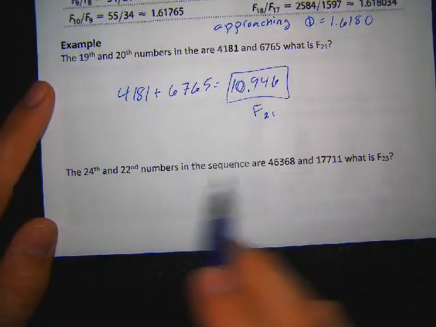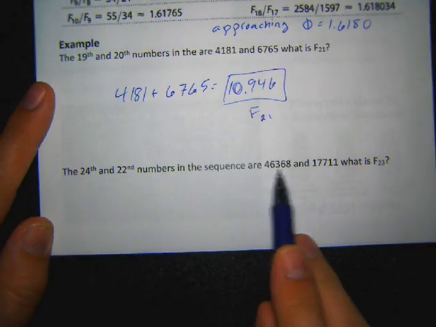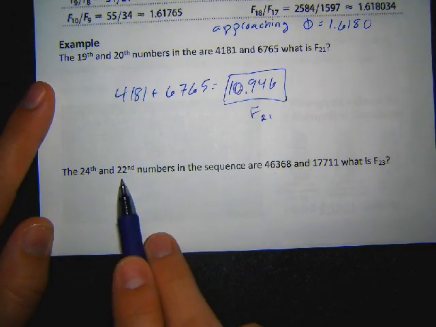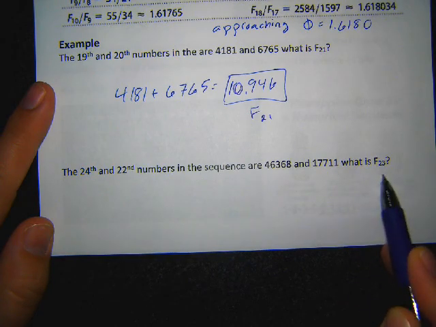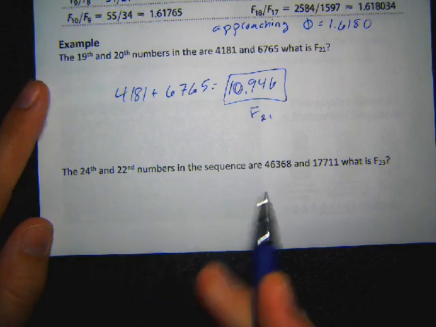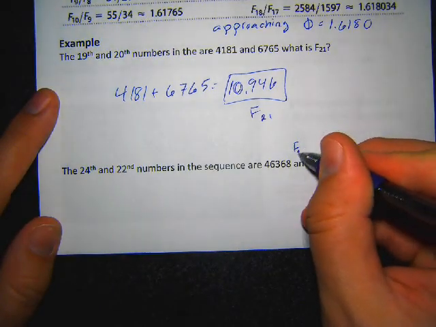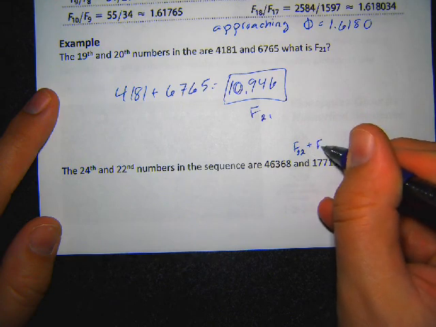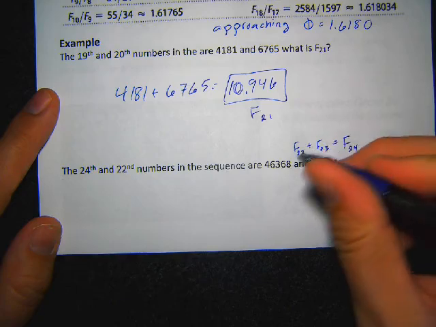What about instead of trying to find the next number, we're trying to find a number between? Here I have the 24th number, which is 46,368, and the 22nd number, which is 17,711. I want to find the 23rd, the number between those. The trick is remembering that if I take the 22nd plus the 23rd, I get the 24th. That's the whole definition: add the two numbers, get the next.